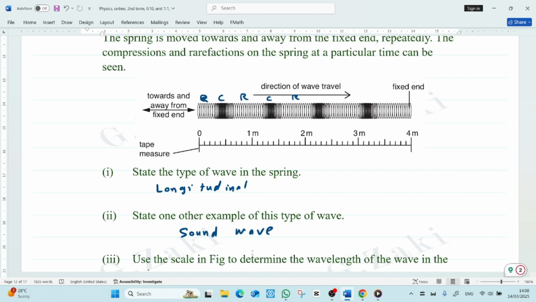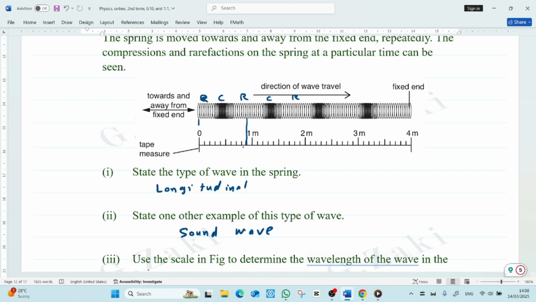Now, use the scale to determine the wavelength. Here, this is the center of rarefaction. So, this is 1 meter. Then we can say this is 10, 20, 30, 40, 50, 60, 70, 80.